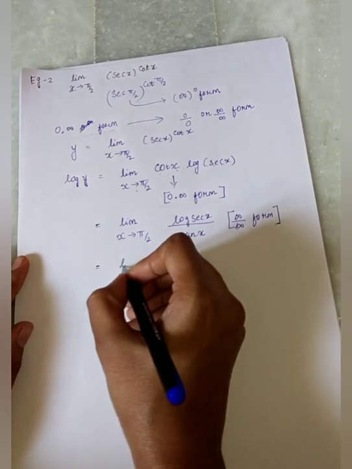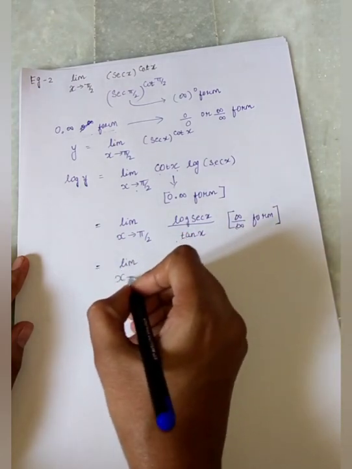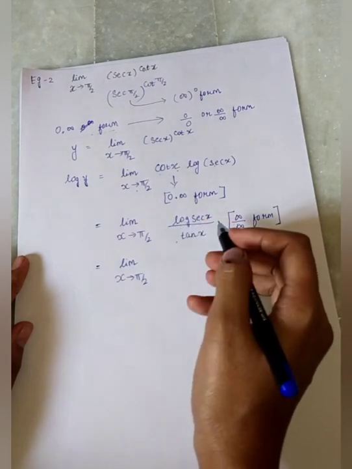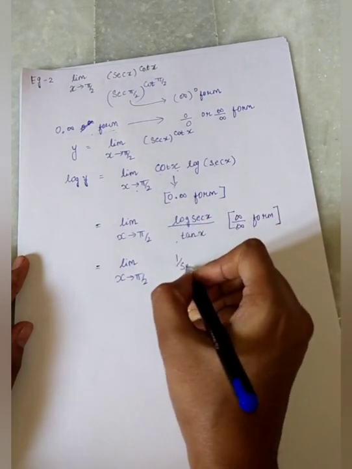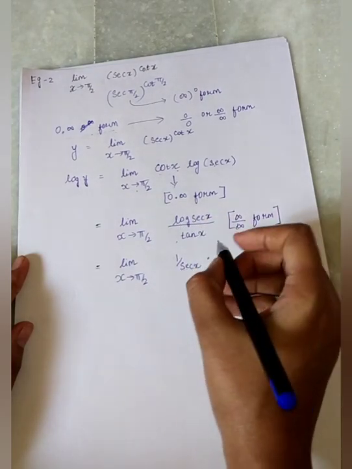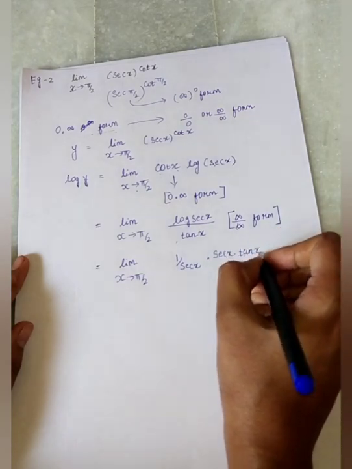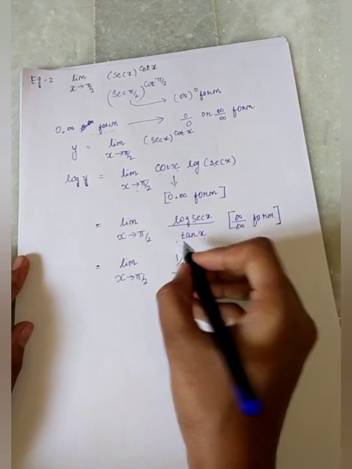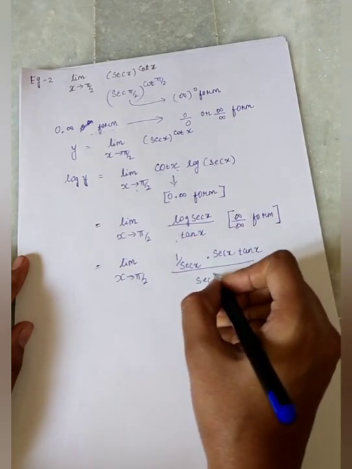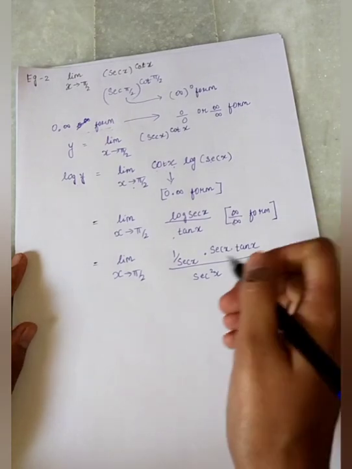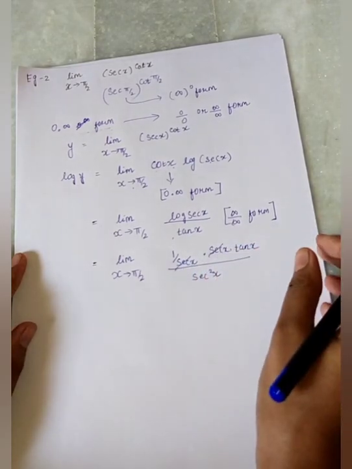So we get limit x tends to pi by 2. Differentiation of log sec x will be 1 by sec x, and differentiation of sec x will be sec x into tan x. And in the denominator part, differentiation of tan x will be sec square x. Okay. Now this sec x and this sec x get cancelled.